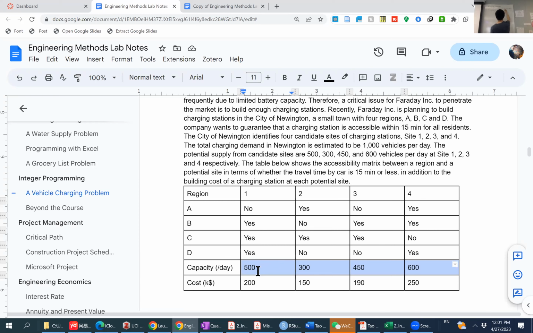So here we should say that xj equals 0 if not to build, and xj equals 1 if selected to build.